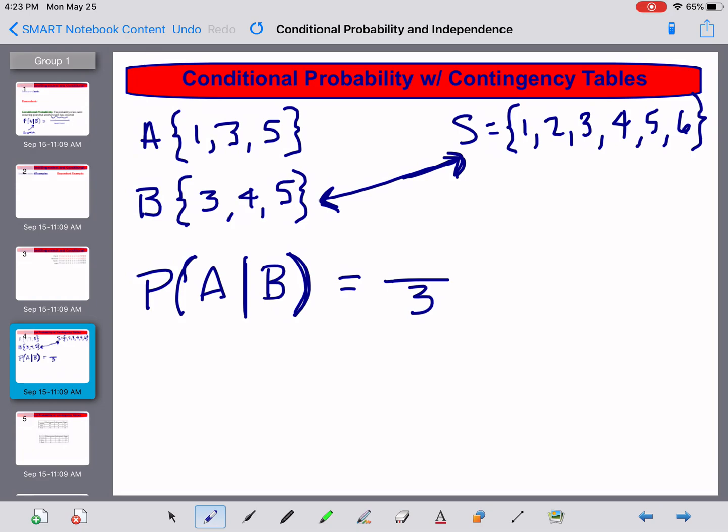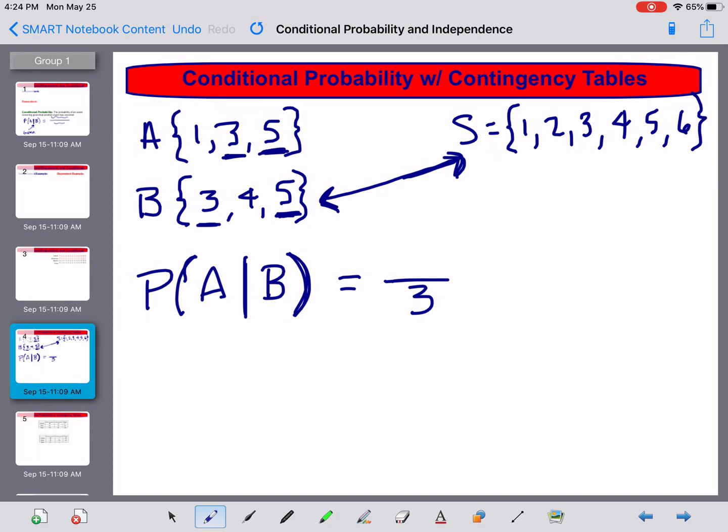Now if I want to know the probability of A happening if B has already occurred, let's look at the intersection. Where are the possibilities for A happening? Well, there are only 2 options that A has in B, 3 and 5. They both share those values.